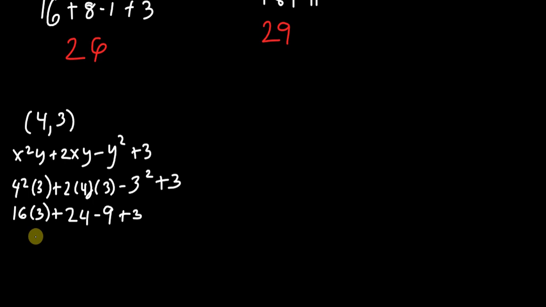That is 48. So 48 plus 24 minus 9, that is 15. Plus 3, so that is 18. And 48 plus 18, that is equal to 66.